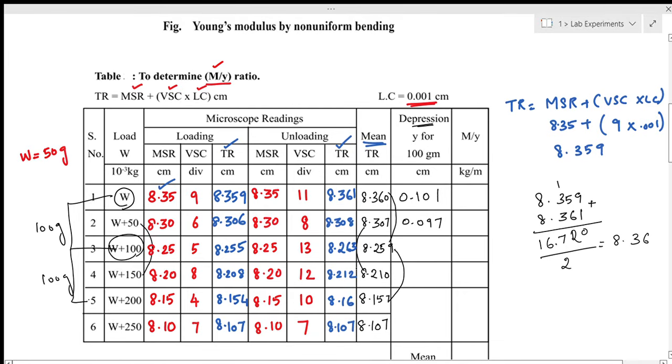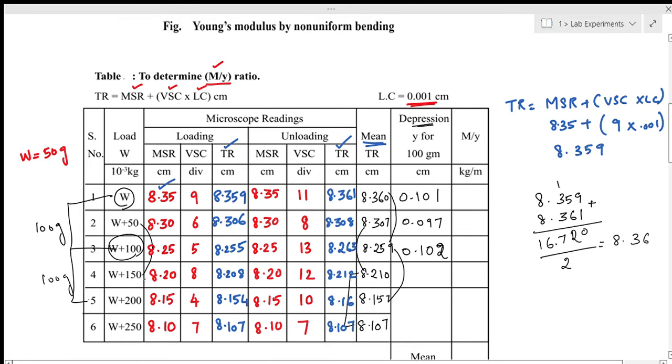Then 100 minus 200 will give you 100 grams. Same way here you find the difference between these two: 8.259 minus 8.157, that is 0.102.